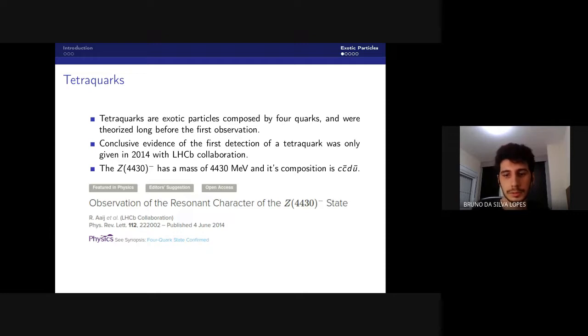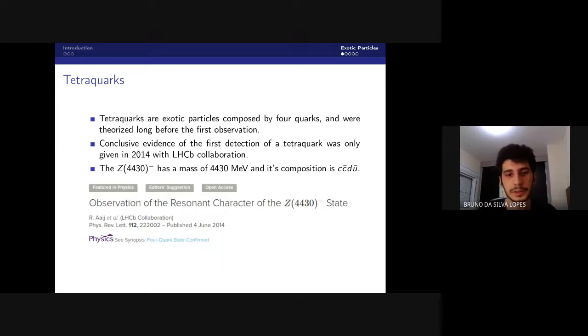So one example are the tetraquarks, and those are particles composed of 4 quarks, and they were theorized long before the first observation. The first observations were made in the 2000s, but we were not sure. The evidence was not conclusive enough. So the first conclusive evidence of the detection of a tetraquark was made in 2014 by the LHCb collaboration.